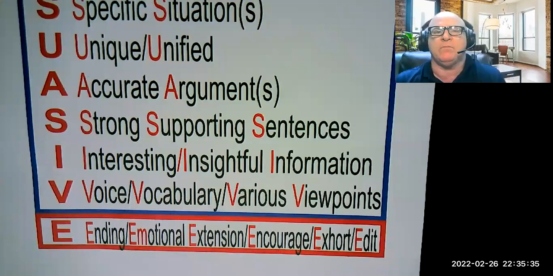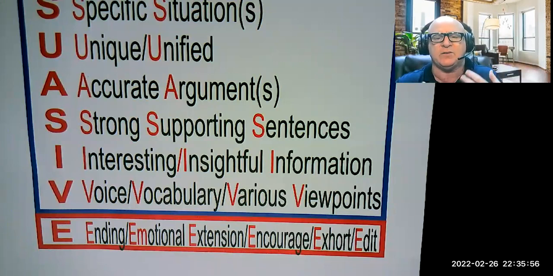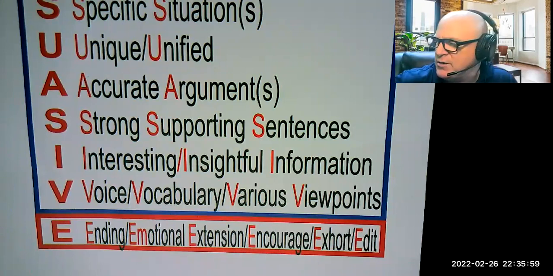Can you make an emotional connection, a heart connection? Or you could make a head connection. Encourage, exhort the reader to think differently or to feel differently based on all of the ideas that you've shared.